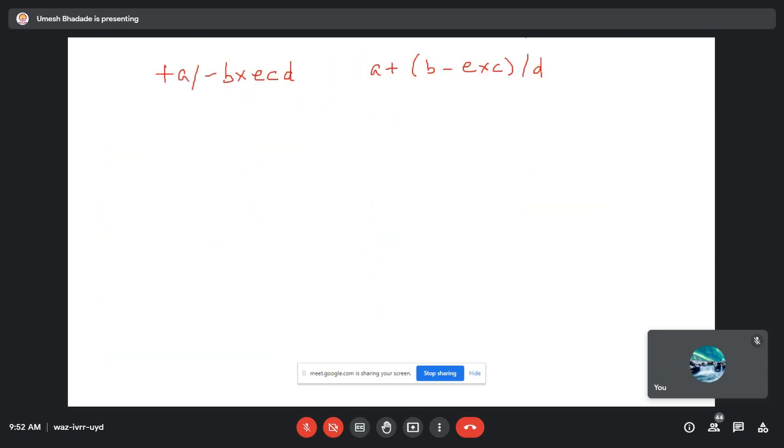This was our infix and this is our prefix, right?